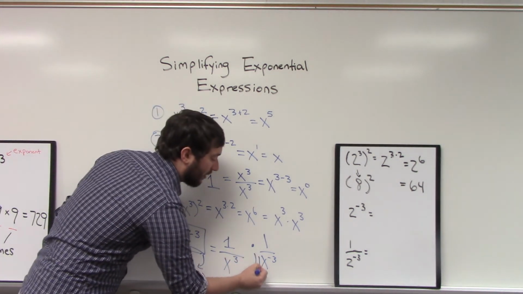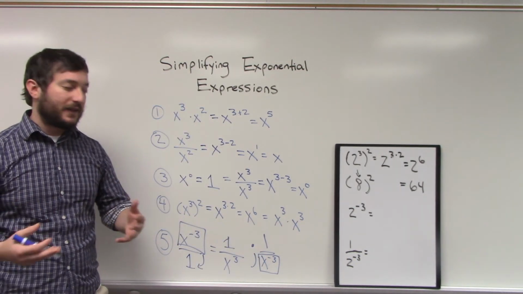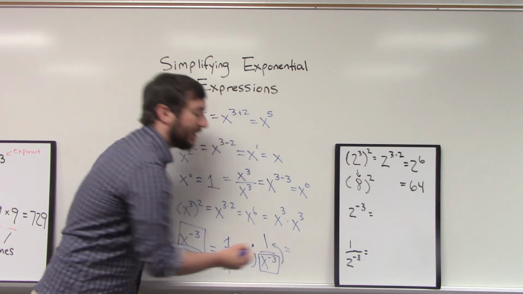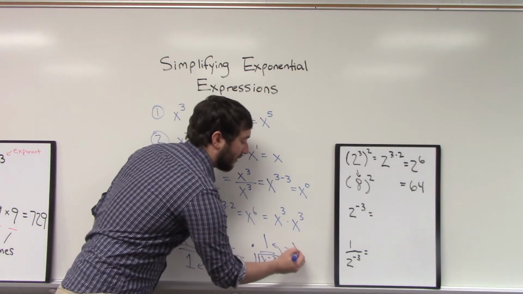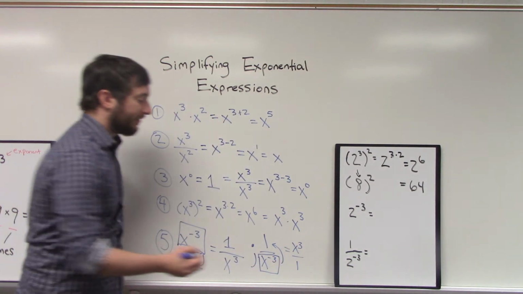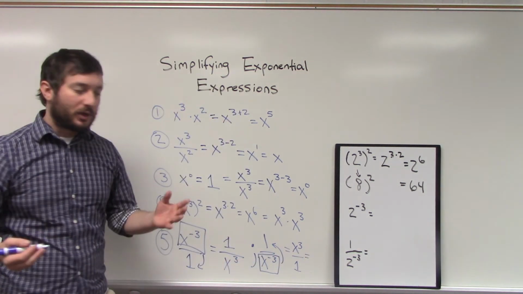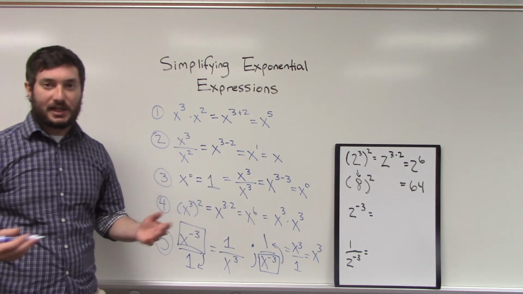Once again, you can put a box around your base and your negative exponent, move it to the opposite location, in this case, from the denominator to the numerator. So that'll be x cubed divided by 1. 1 is left behind. But in this case, anything divided by 1 is the same thing. Right? X cubed divided by 1 is just x cubed.